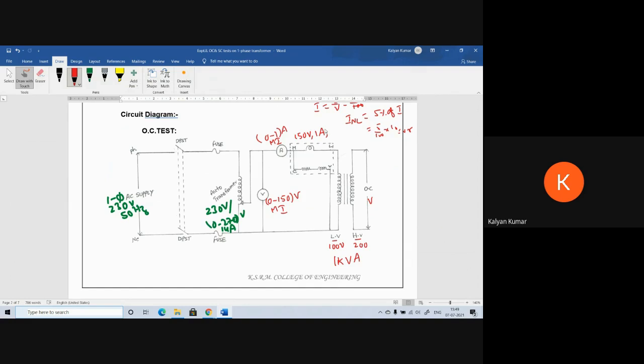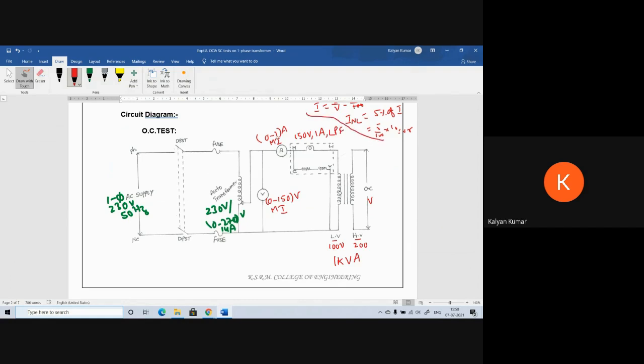We have two types of wattmeters in our lab. One is LPF meter, another one is UPF meter. LPF meter operates at 0.2 power factor, and UPF meter operates at unity power factor, that is 1. As under OC test the power factor will be less than 0.5, we can use the 0.2 power factor meter for measuring the power. So, we need to use LPF meter.